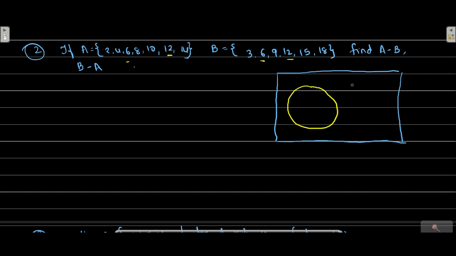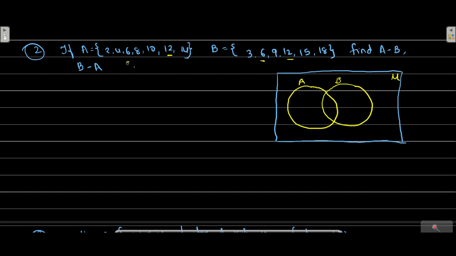So these circles will overlap each other, because when there are common elements between two sets, the circles overlap. As we all know, the rectangle represents the universal set, and these circles represent individual sets A and B. These circles are overlapping because there are some elements which are common to both sets A and B.